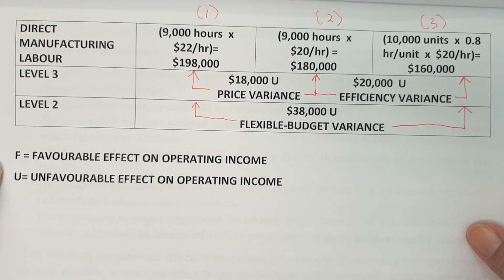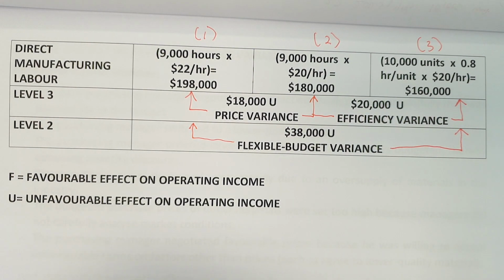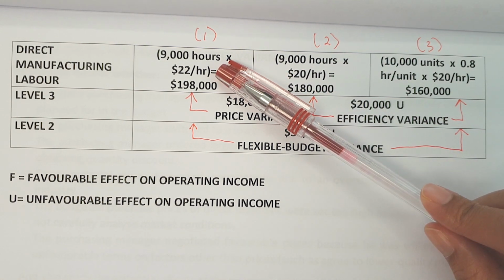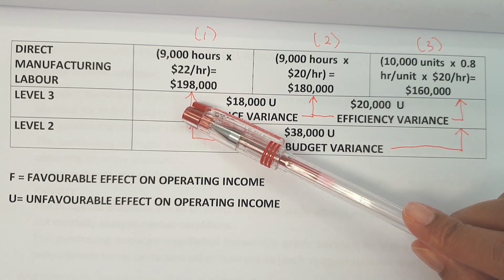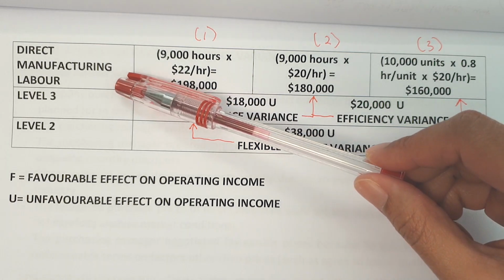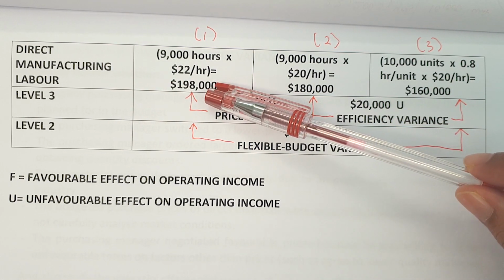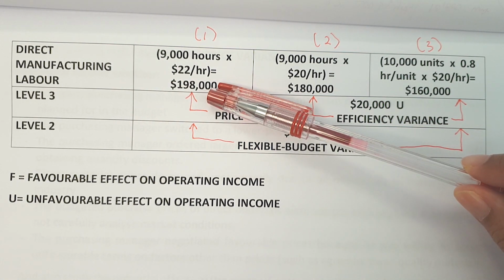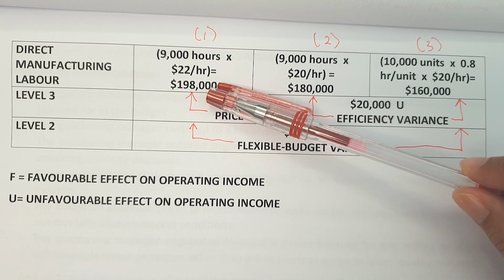Column 1 is the actual input quantity of 9,000 hours times the actual price. Because this is labor, we pay based on 22 ringgit per hour.